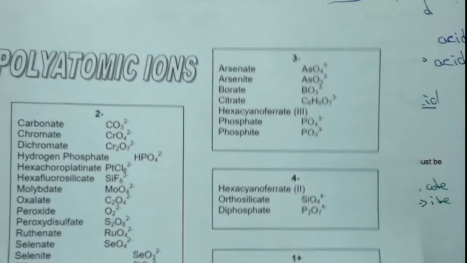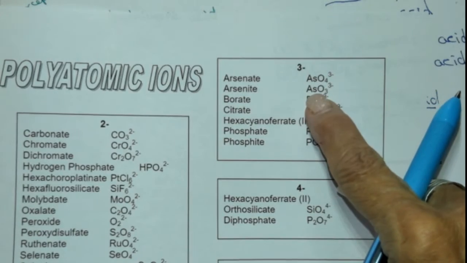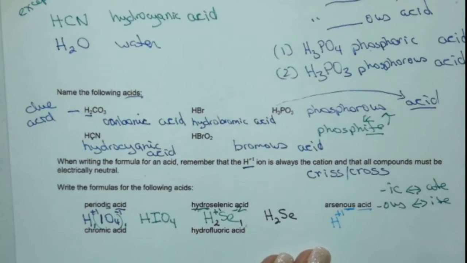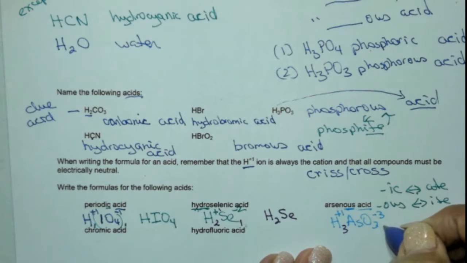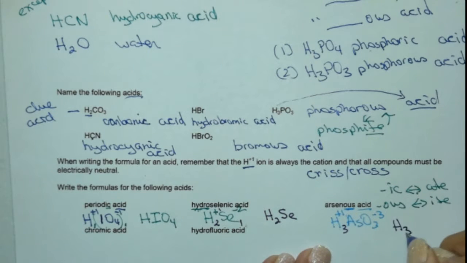So when I look to find arsenite, I see AsO3 -3. AsO3 -3, crisscross. This 3 comes here, this 1 comes outside. Because it's a 1, I don't really need to do anything with this. So final answer is H3AsO3.